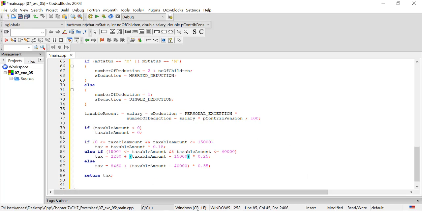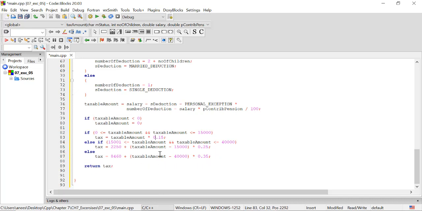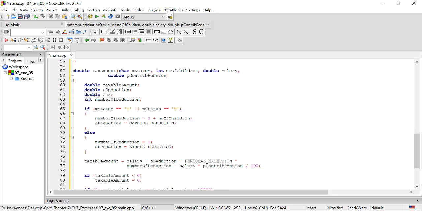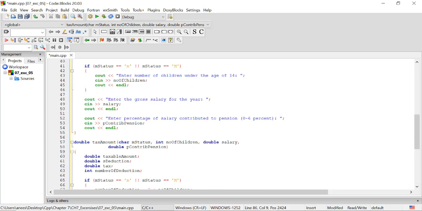And if these two don't apply, then the tax is just equal to 8,460 plus the taxable amount minus 40,000 times 0.35. Now we can run the program and hopefully it runs without any errors.